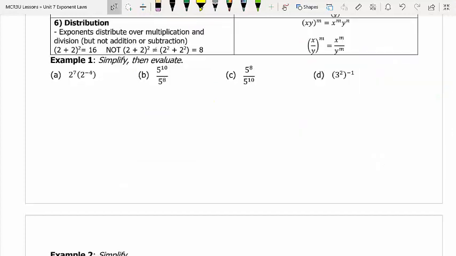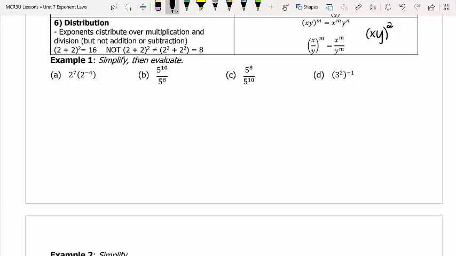The last thing that might not be super familiar is how to distribute an exponent. So if you have something like this, xy squared, and that exponent is outside of the brackets, you need to distribute that exponent of 2 to both the x and the y.